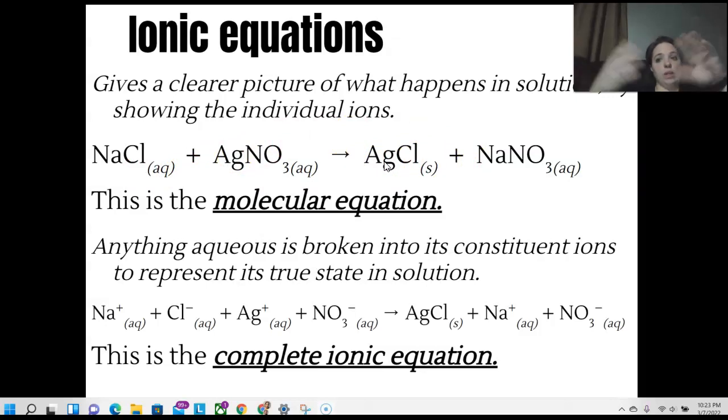That's the precipitate. That's what falls out. And you're left with sodium nitrate, which is aqueous. So again, anytime you see aqueous, you break it up into ions. So you've got the sodium plus ion and the nitrate minus ion, giving you the whole thing, a complete ionic equation.